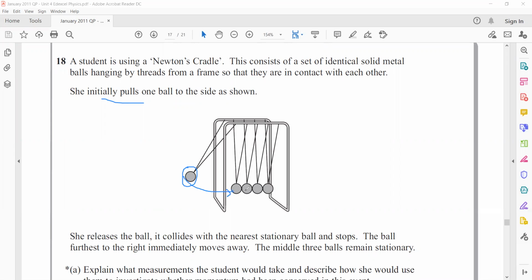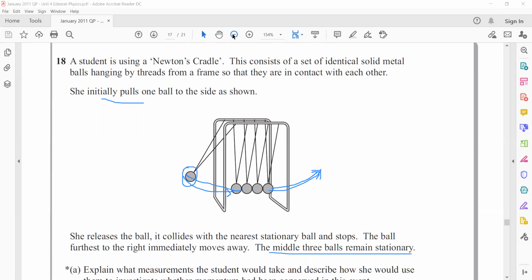This ball will collide with the nearest stationary ball and stop, and the ball which is furthest to the right will immediately move out. The middle three balls remain stationary. It means if she releases one ball from here, it will collide and one ball will move to the other side.